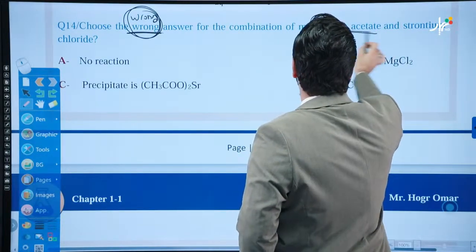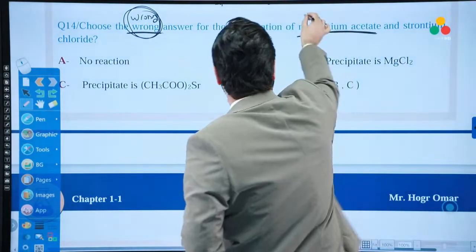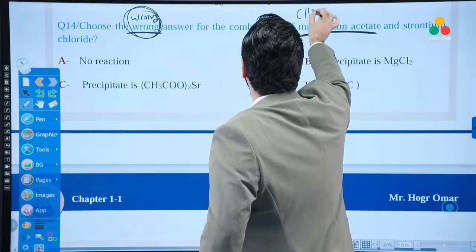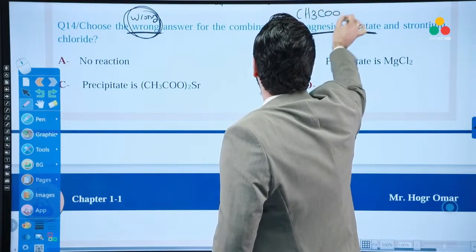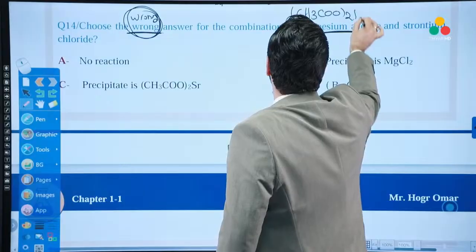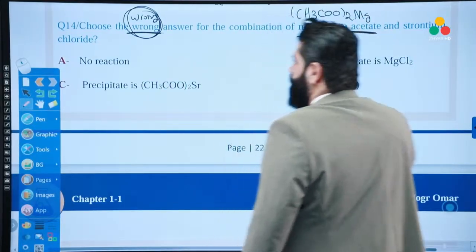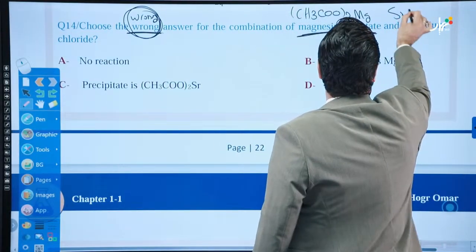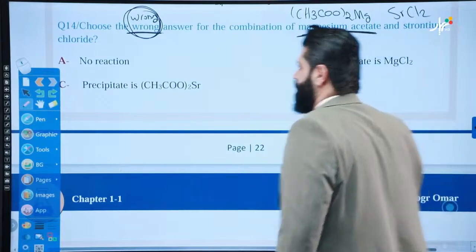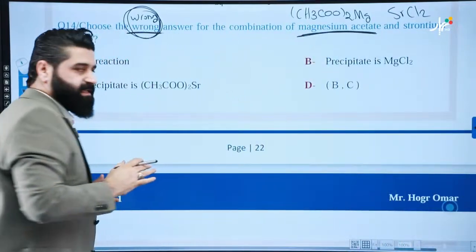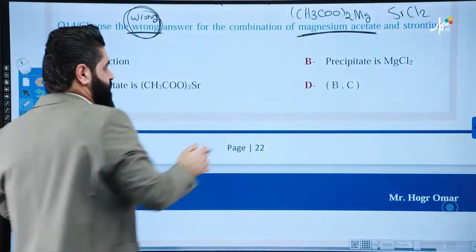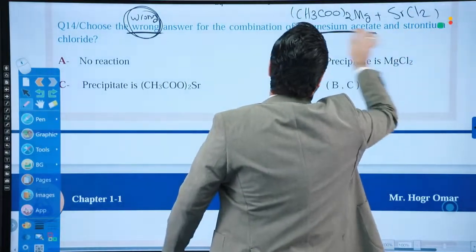What is the magnesium acetate? This is magnesium acetate, (CH3COO)2Mg. Okay, how about strontium chloride? This is strontium chloride, SrCl2. So let's have the double displacement between the two given substances, because we have two compounds.